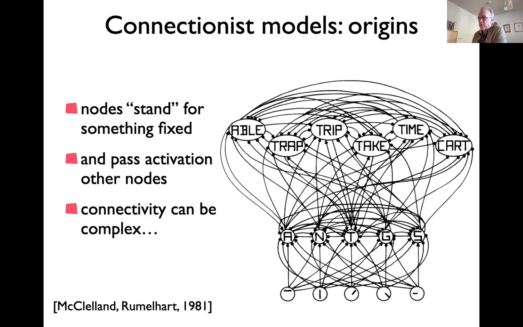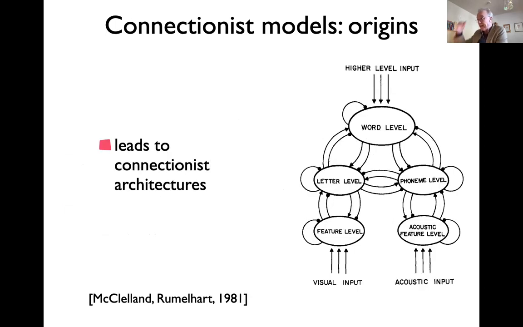And that is a step that is pervasive today. Deep networks and so on are all about that, about finding the connectivity in these networks that makes that possible, that the nodes stand for the right thing. So networks like that can be scaled into architectures.